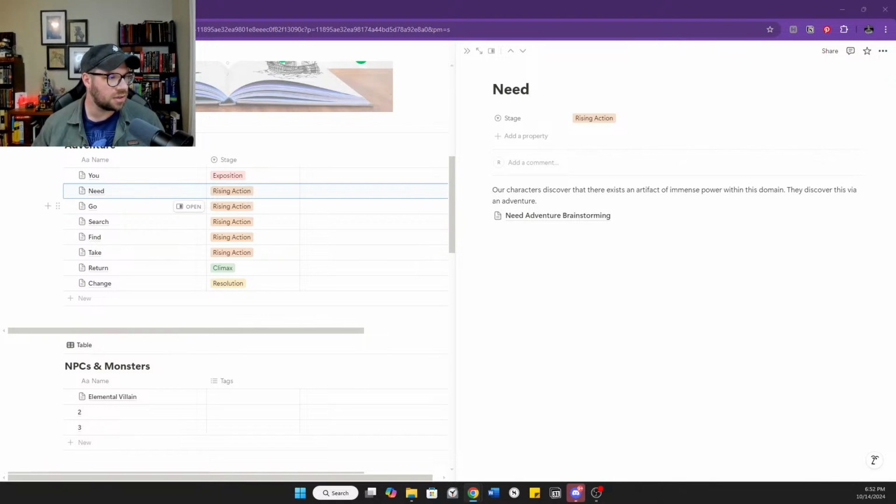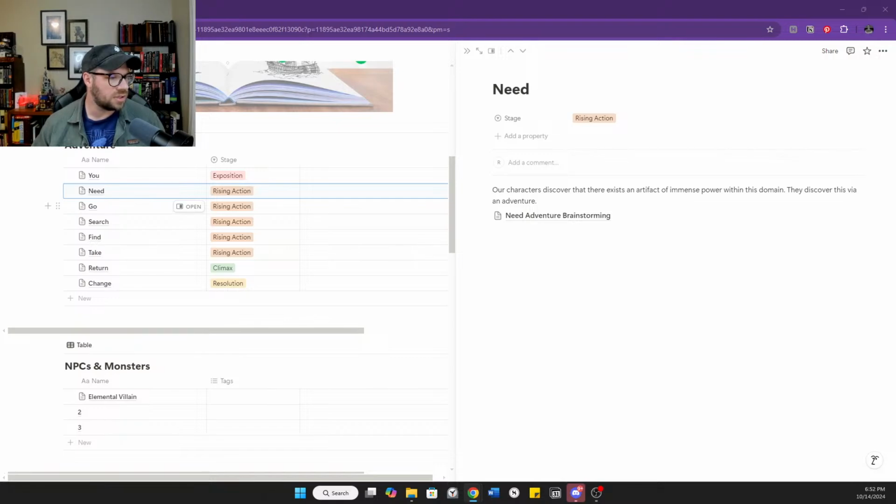Let's do a quick challenge rating check. Let's check out Xanathar's and see kind of how this would balance out with our encounter building, because we need this to be a tough encounter.